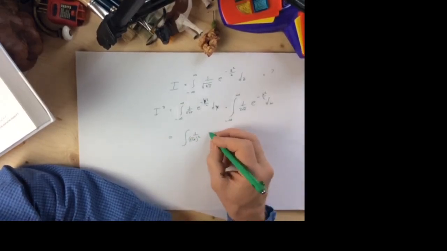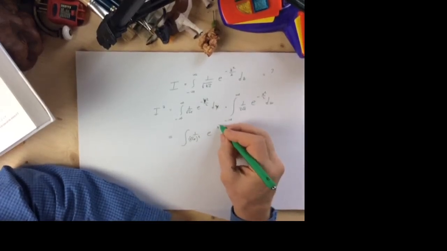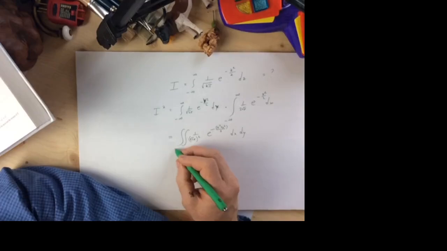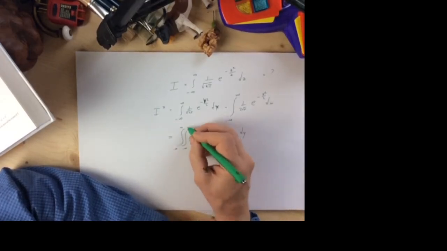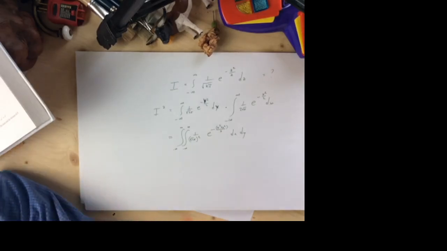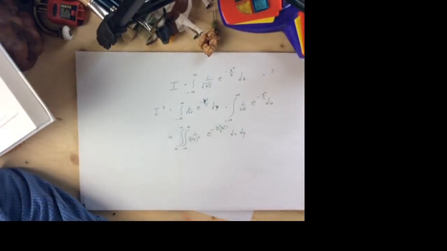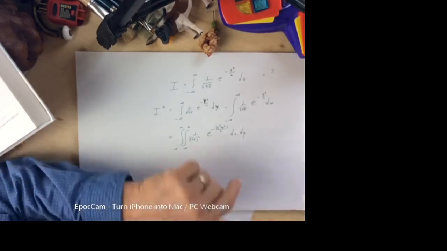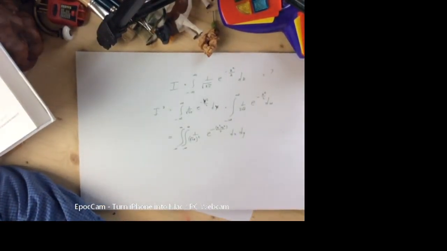We'll put the constants together, we'll multiply these, and we'll say the integral is this way. Now, what's required here is that these variables are varying independent of each other, that the x cannot affect the y and the y cannot affect the x. In order for us to make this step, we need that requirement.